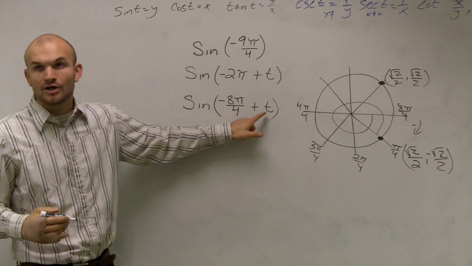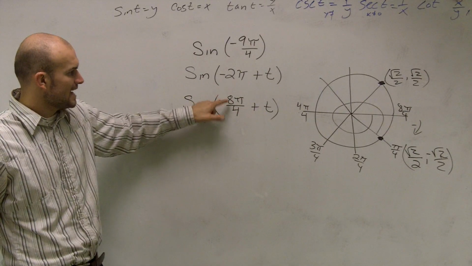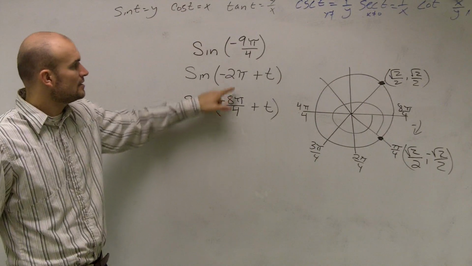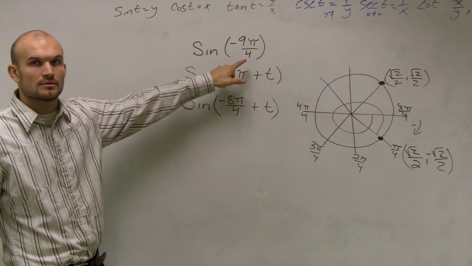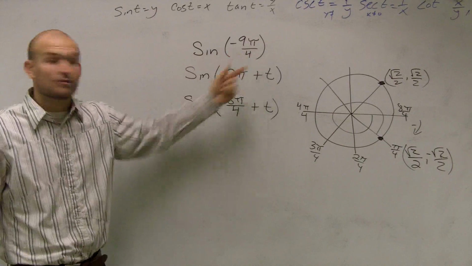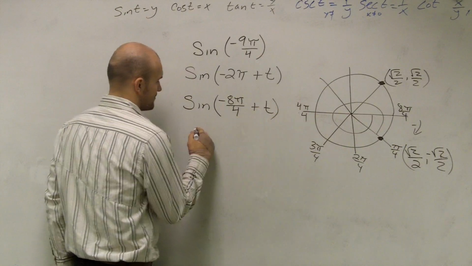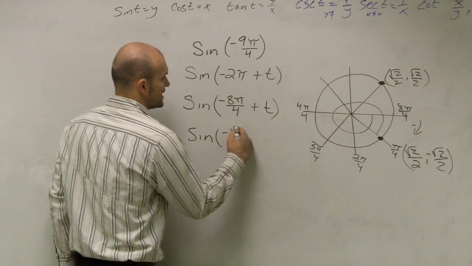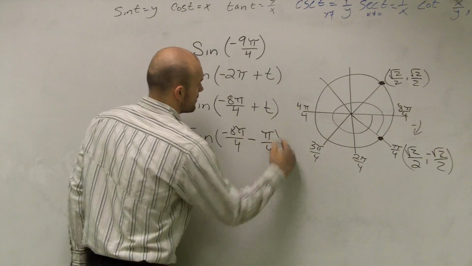What angle do I have to add to negative 8 pi over 4 to get negative 9 pi over 4? Negative 1, right? So I can rewrite this as sine of negative 8 pi over 4 minus pi over 4.